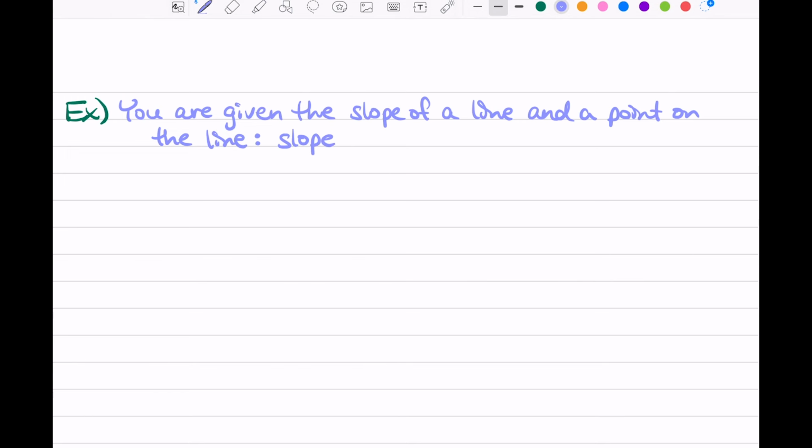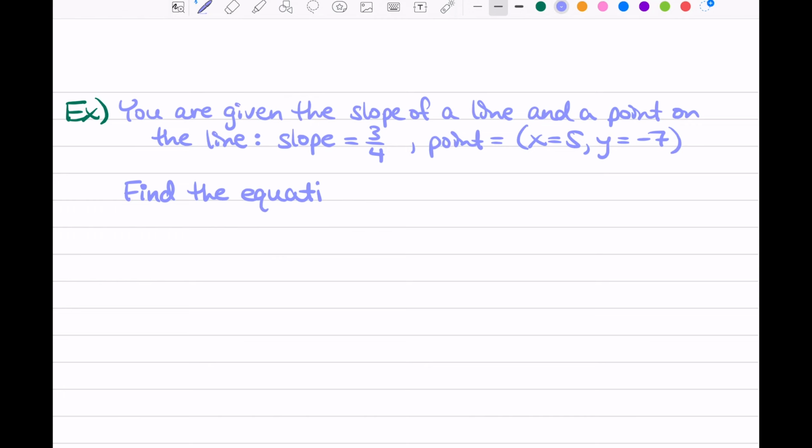Slope is equal to 3/4, and our point is going to be x equals 5, y equals -7. So your task, your question, is to find the equation of the line. What is the equation of the line?